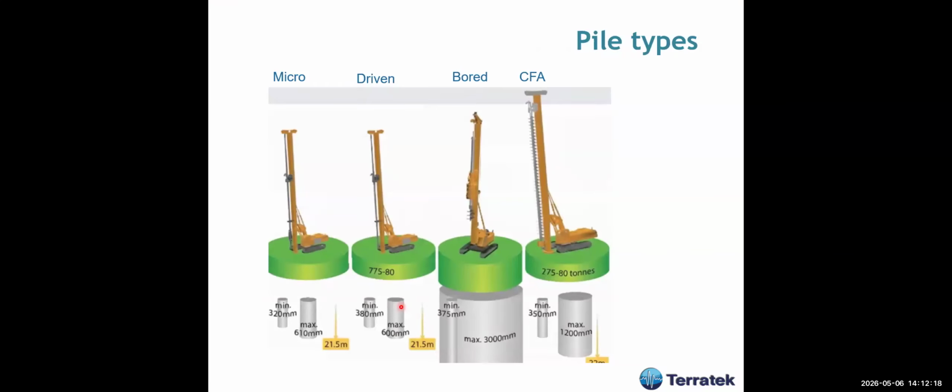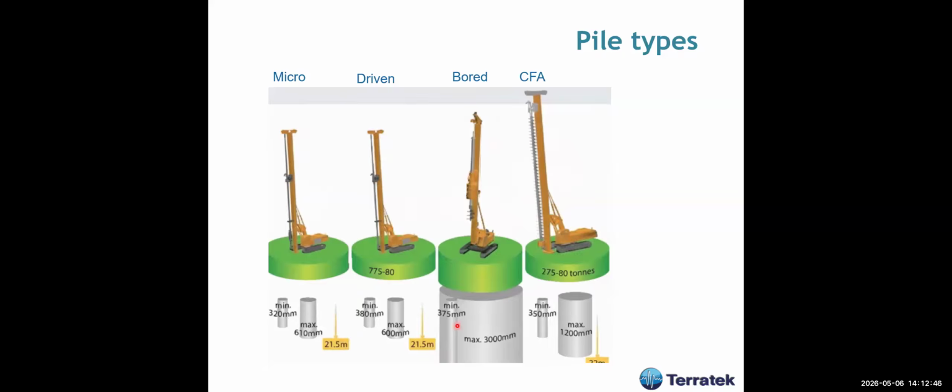Okay, let's discuss pile types. There are lots of different pile types, like micro piles, driven piles, bored piles, CFA, which stands for continuous flight auger piles, very much used. There are other types of piles that we're going to discuss here, but usually the micro piles can take much less load than driven or bored piles.